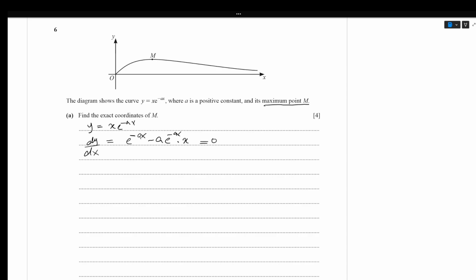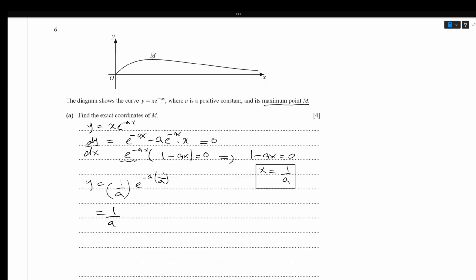So what we essentially have is e to the minus ax times (1 minus ax) equals 0. Now e to the minus ax cannot be 0. So 1 minus ax is 0, which implies that x equals 1 over a, and then y equals 1 over a times e to the minus a times 1 over a, which is 1 over a times e to the minus 1, which is 1 over a e.